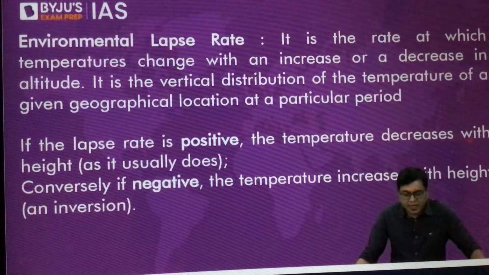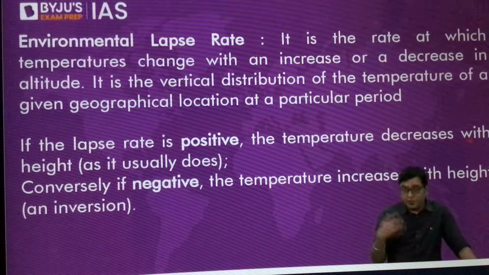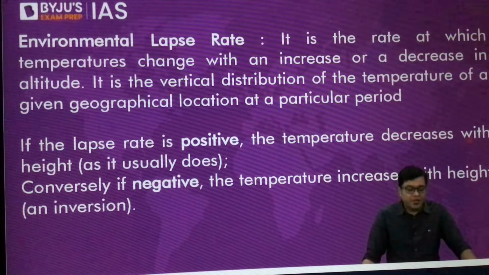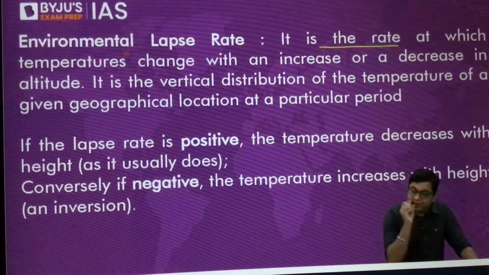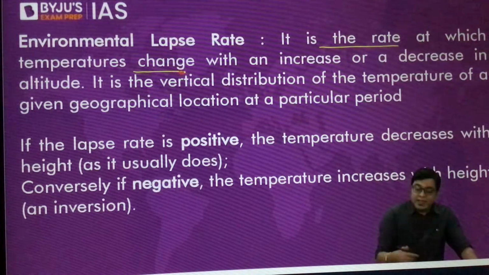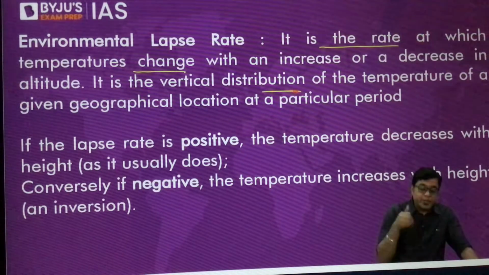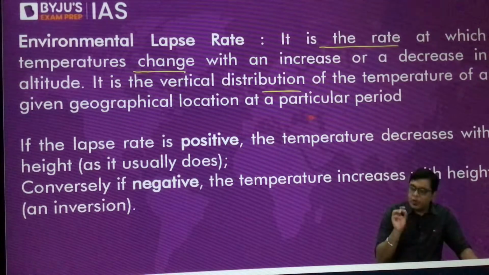Now, this is the definition aspect of it, as many of you get very greedy for definitions. Environmental lapse rate is the rate at which temperature changes with an increase or decrease in altitude. It is the vertical distribution of temperature at a given geographical location at a particular time period.